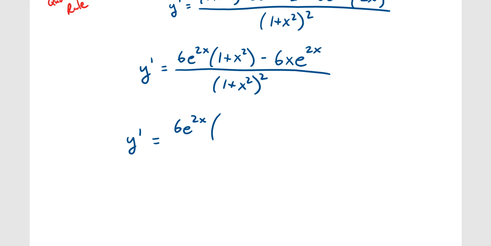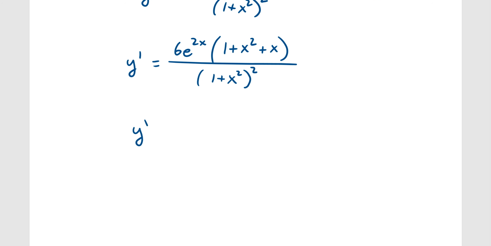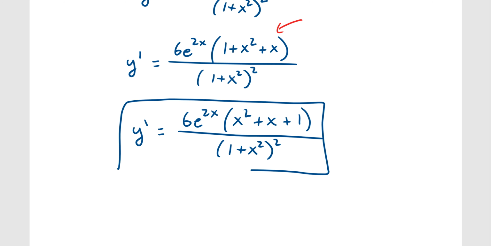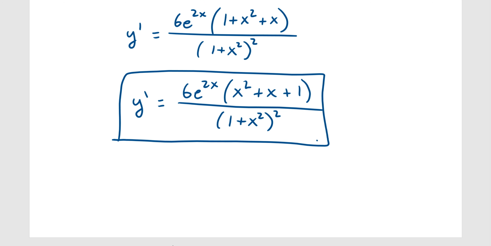And then what we would be left with is 1 plus x squared plus x over 1 plus x squared squared. And then maybe just the last thing that I would do in the numerator here is I would rewrite these parentheses so it's in the correct order in standard form. X squared plus x plus 1. Just put it in descending order. And that looks like as much as you can simplify. Okay, so that is it for 4.3.